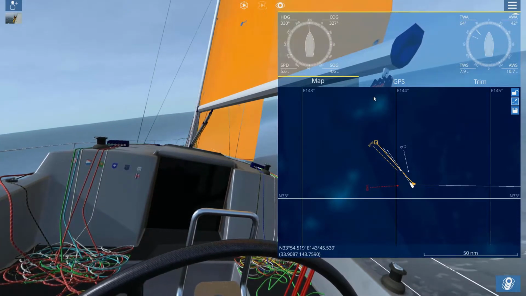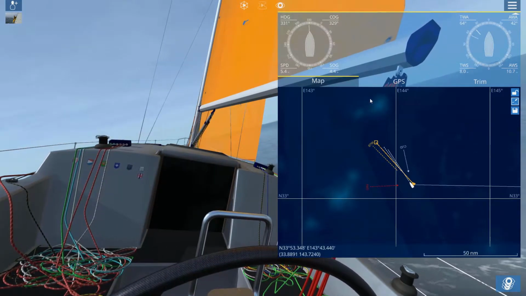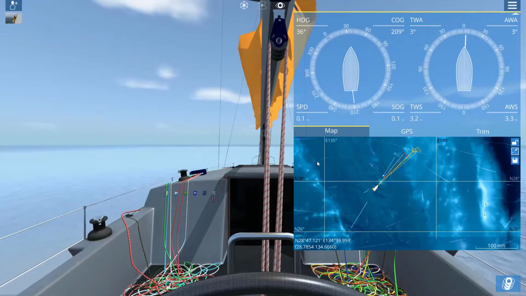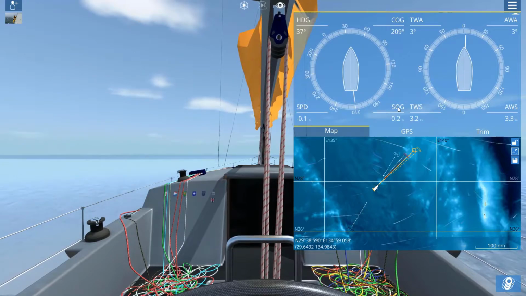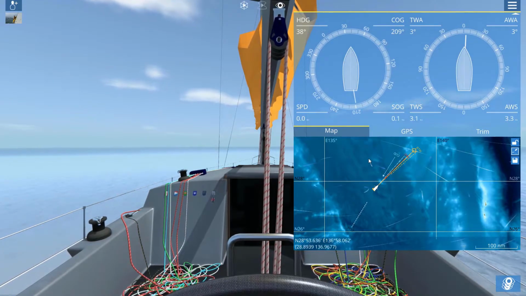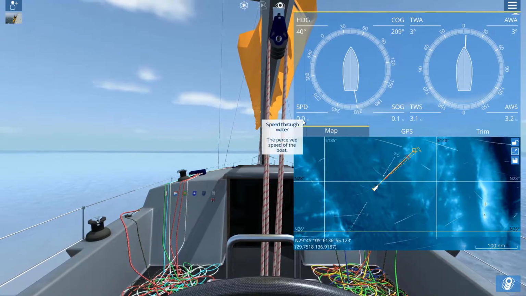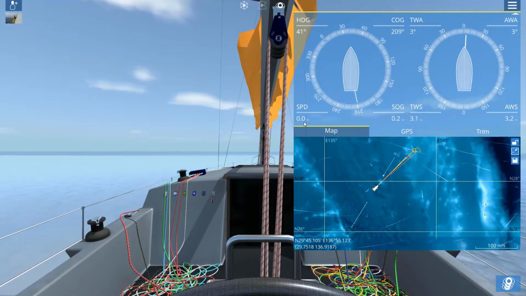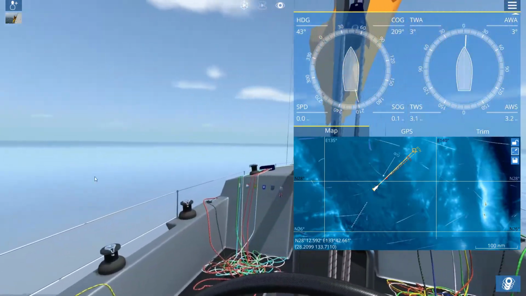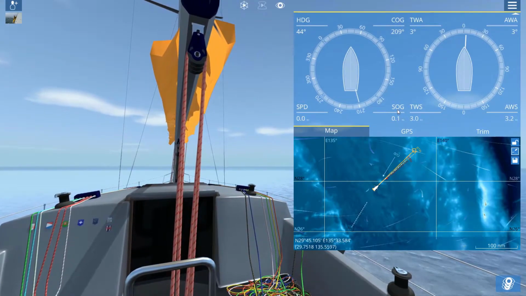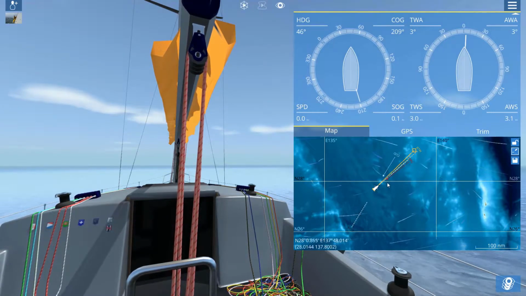Now let's get into all of the different details that you need to know to be able to calculate or think about what this is. Let's first talk about our boat speed as compared to our speed over ground. This is different here. Why is it different? Well, our speed through the water is 0 at the moment because we are anchored. But our speed over ground is 0.1 of a knot.